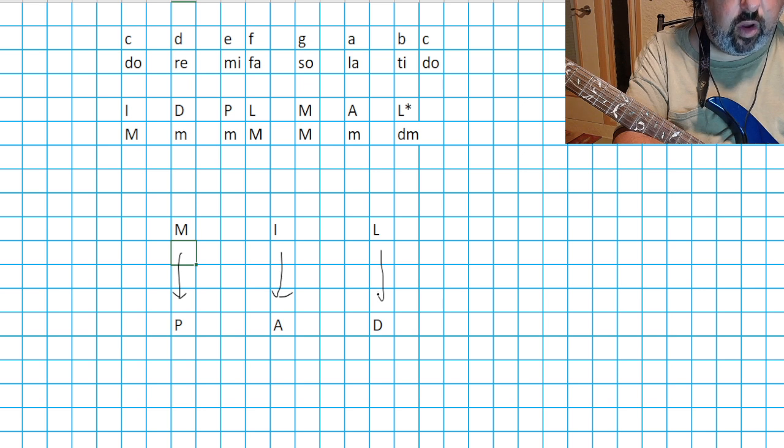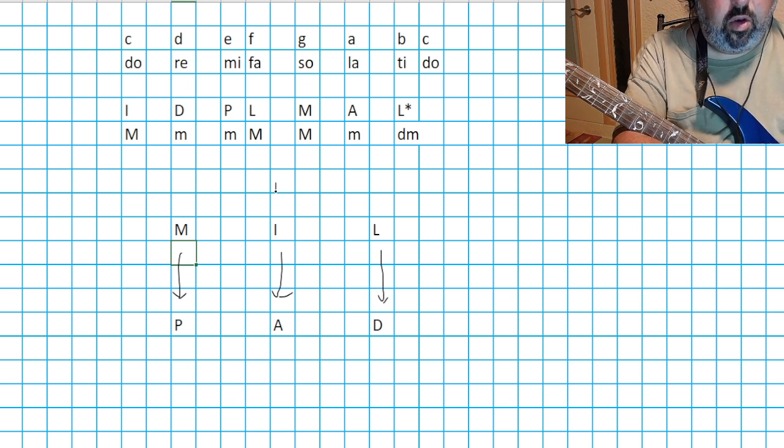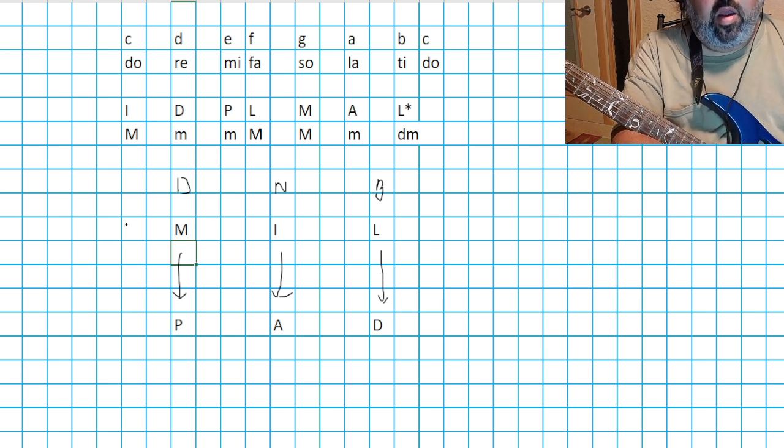Lydian and Dorian. This is neutral. This is brighter. And darker. D for darker.